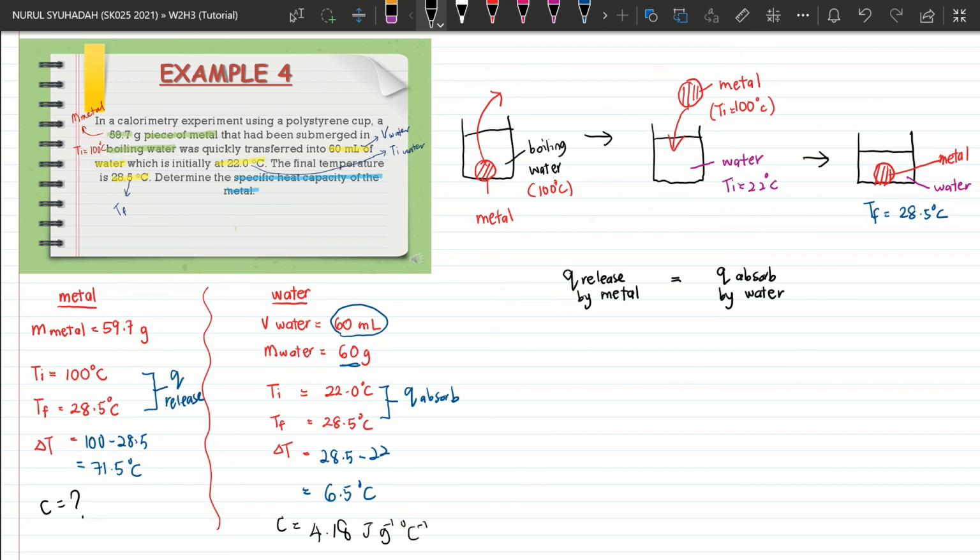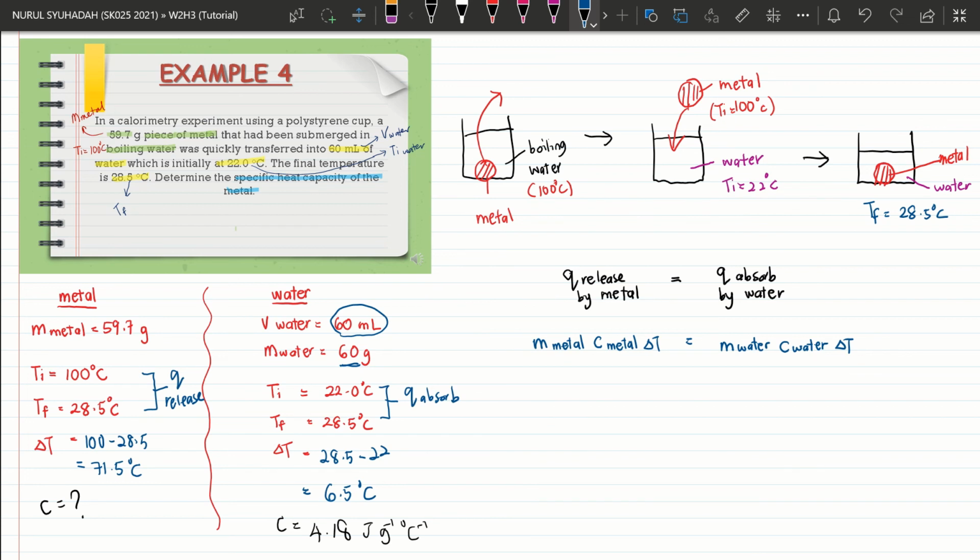That's a fixed value, meaning the equation for heat that we're going to use is Q equals MC delta T. So mass of metal, specific heat capacity of metal, and its delta T equals mass of water, specific heat capacity of water, and delta T. Sorry, it's not Q, it's mass. Pardon me.